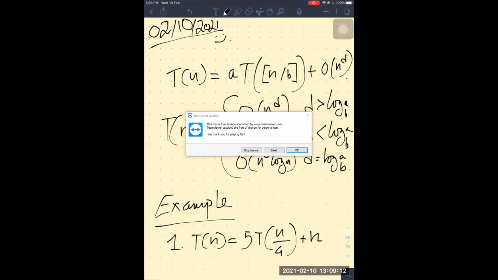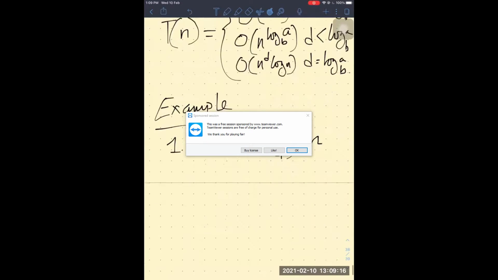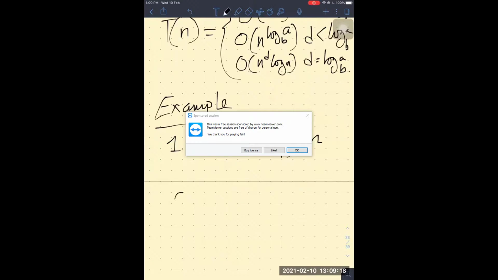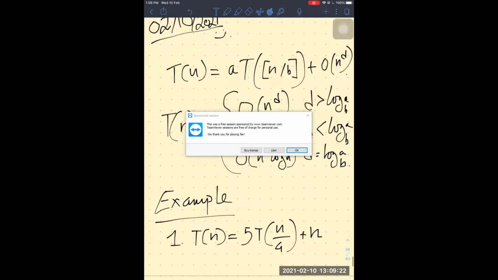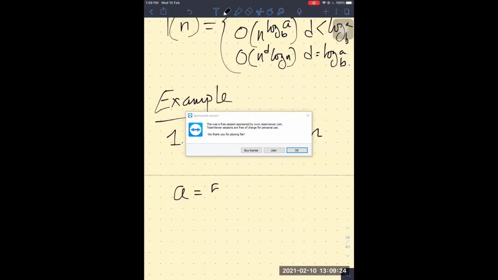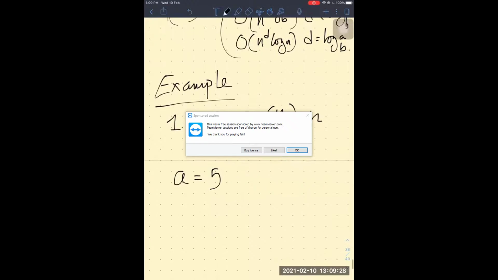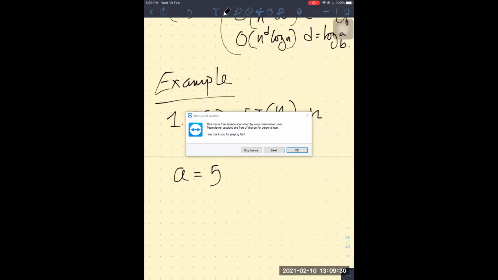So here we can see that a is equal to 5, then b is equal to 4, and d is equal to 1.